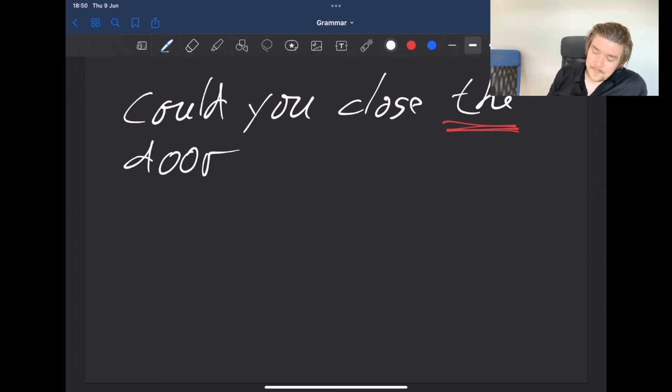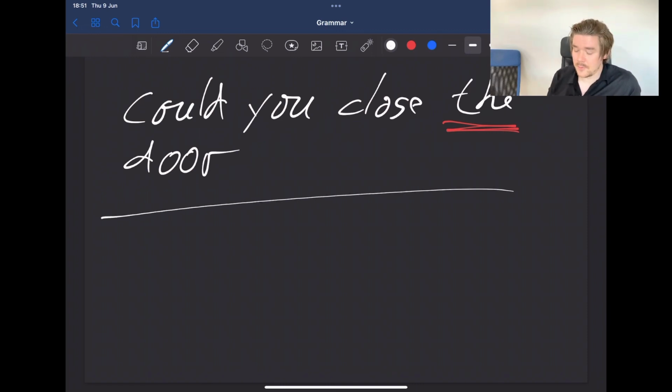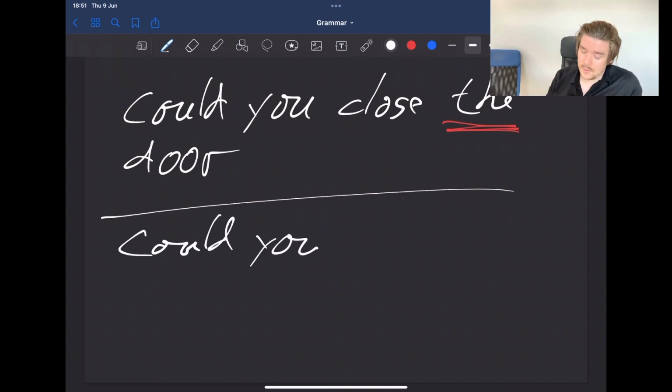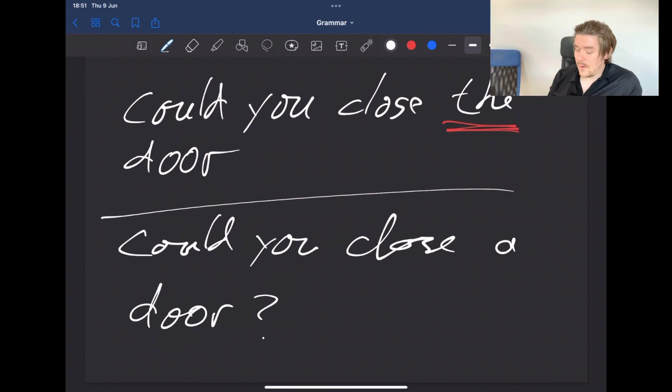If I say, we could try doing the same example just with an indefinite article. Could you close a door? Now, in this case, I have to use my imagination to even think of a realistic, real world usage of this sentence.